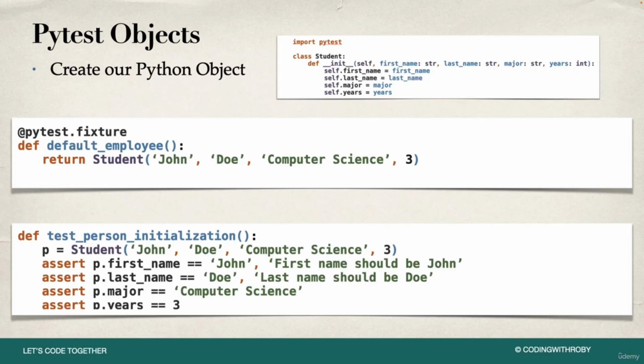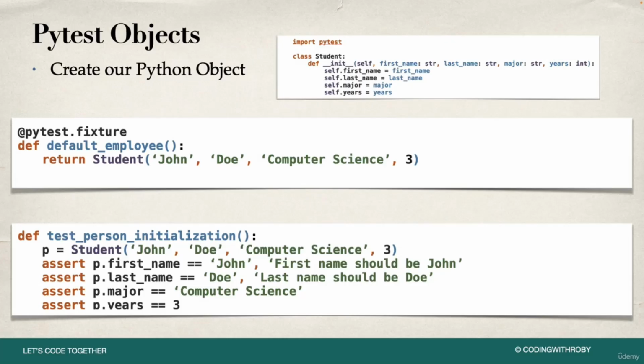However, for us now to be able to use this student, we are not going to be saying P equals student. Instead, we can pass that default employee as a parameter into our function, which automatically now allows us to use that student as that parameterized value.